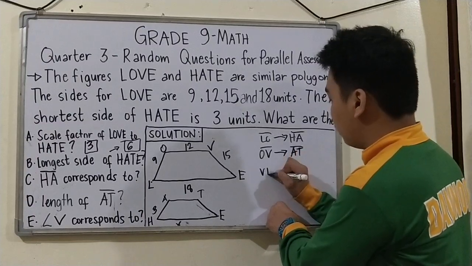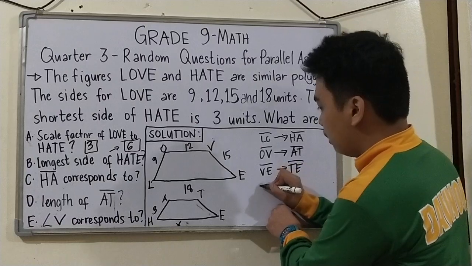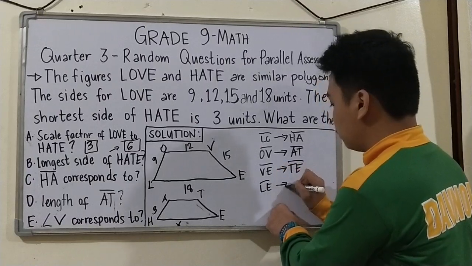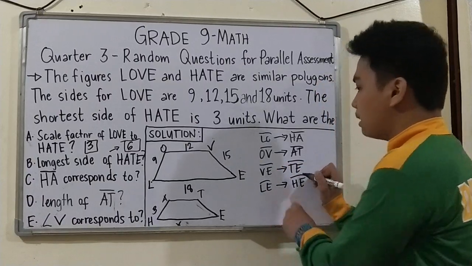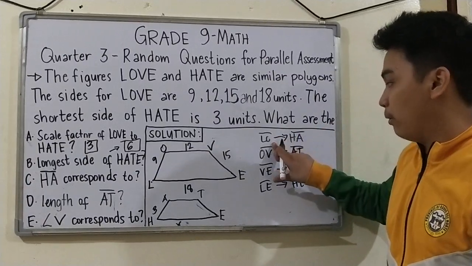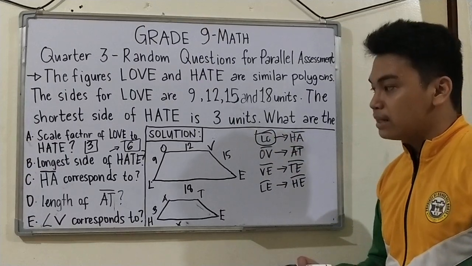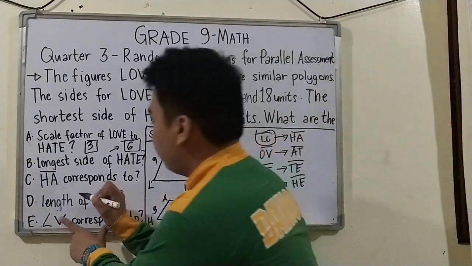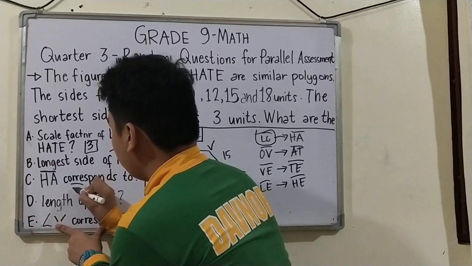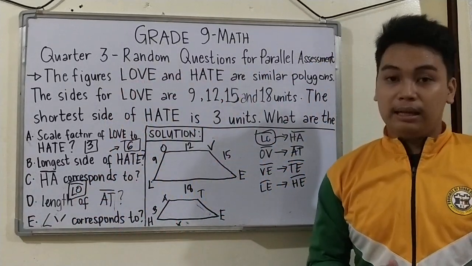The side VE corresponds to side TE. And side LE corresponds to side HE. So as you can see, side HA corresponds to side LO. That means that the answer is side LO. So that is the answer for letter C. So we have here side LO as the final answer for letter C.